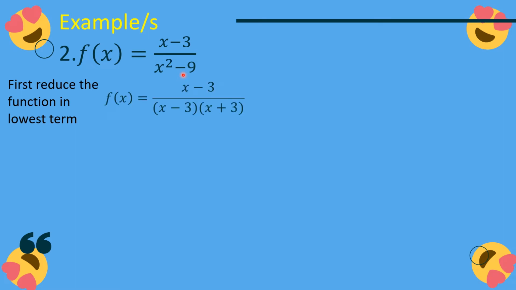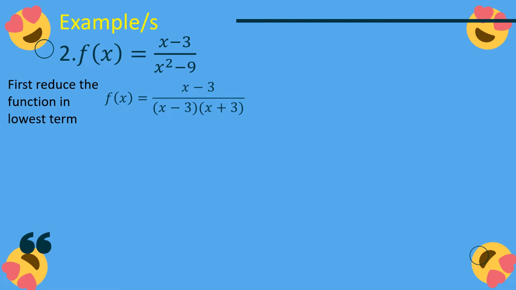So, factor out natin yung denominator para makuha natin yung common factor ng numerator at saka denominator. So, ang factor ng x squared minus 9 is x minus 3 times x plus 3. Kung makikita natin, common yung x minus 3 sa numerator at saka x minus 3 sa denominator.